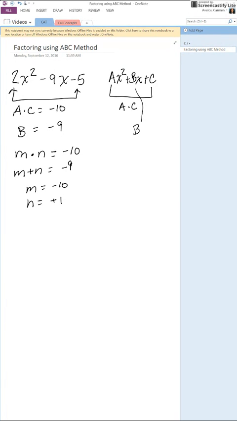When you multiply them together, it gives you a negative 10, but when you add them, it gives you a negative 9. It doesn't matter which one is m and which one is n, but we're going to use those in a minute.